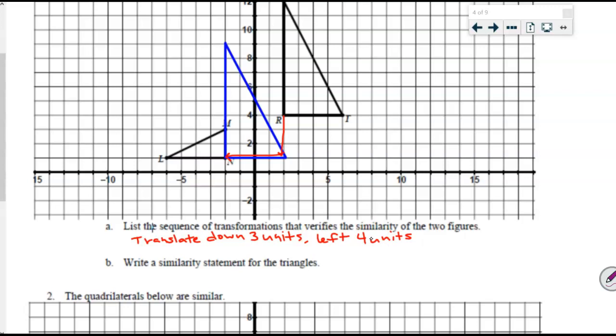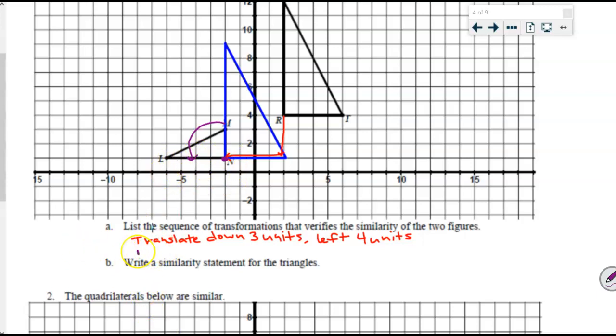Now that I have them in place here, I can see that I really probably want to do a rotation before I try and do a dilation. I want to get them to line up as much as possible. So I'm going to use N as my center of rotation, and I can see that this side that is going vertical, I want it to rotate 90 degrees counterclockwise so that it lands horizontal.